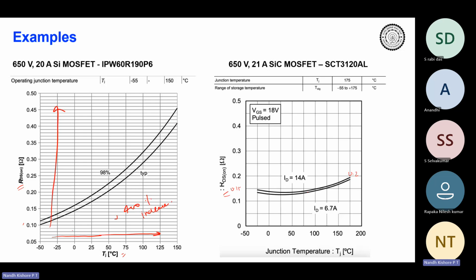So this is an advantage of SiC MOSFETs: you don't see a huge increase in RDS on. But on the other hand, for low temperatures, around 25 or 50 degrees, you see a negative temperature coefficient of resistance. I think I have drawn over it.